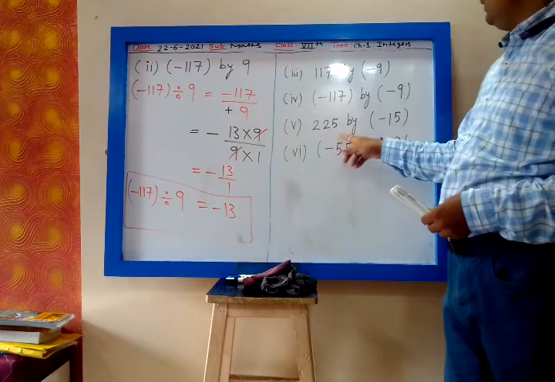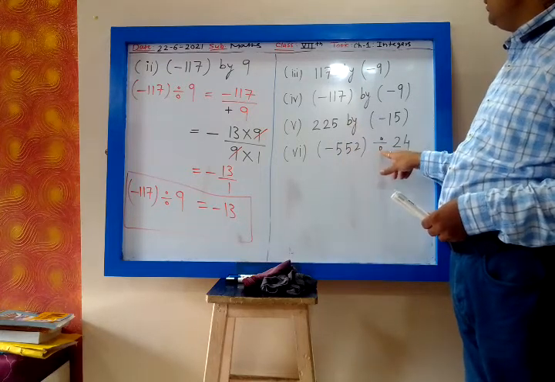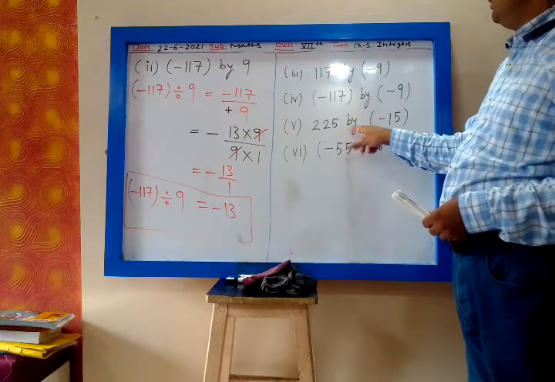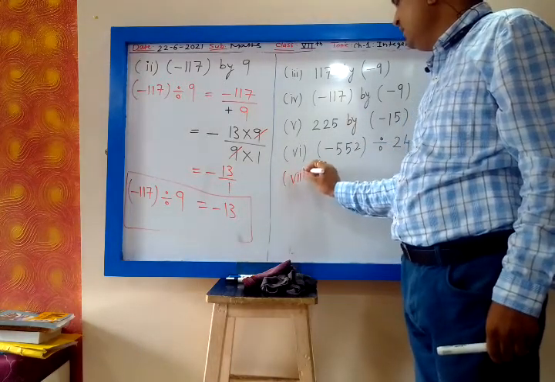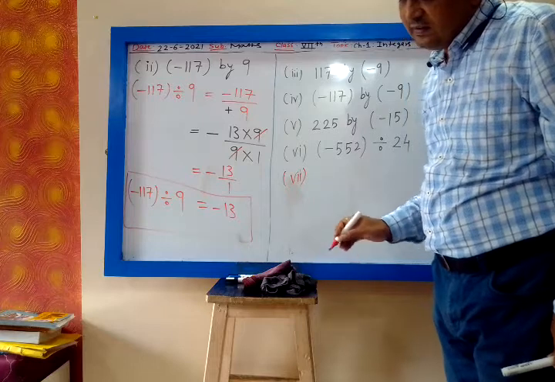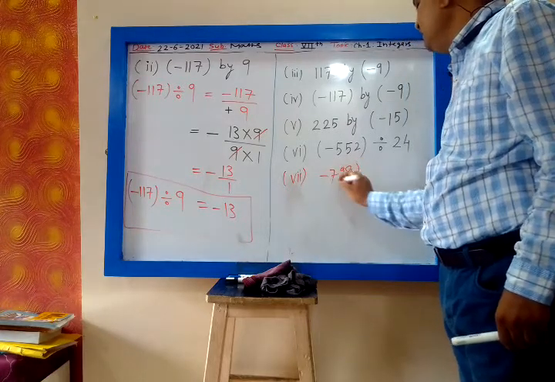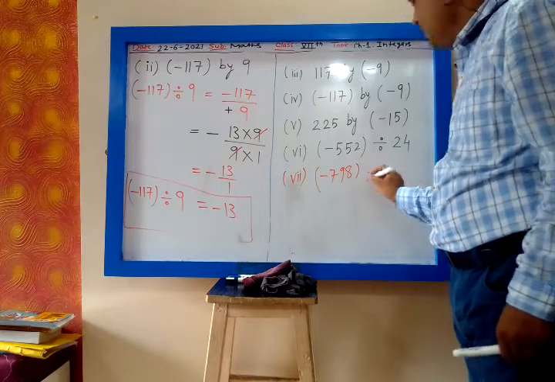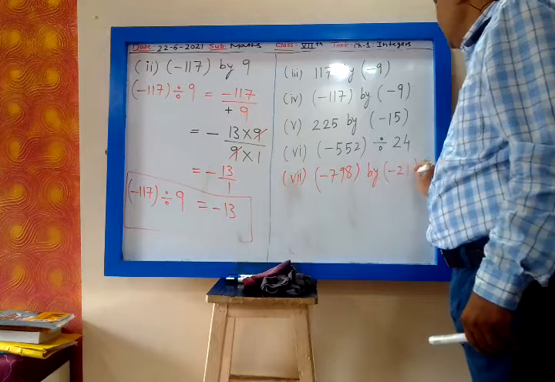Yes, now these are the same, whether you write by or use this symbol, they are one and the same. Then 7th: divide minus 798 by minus 21.